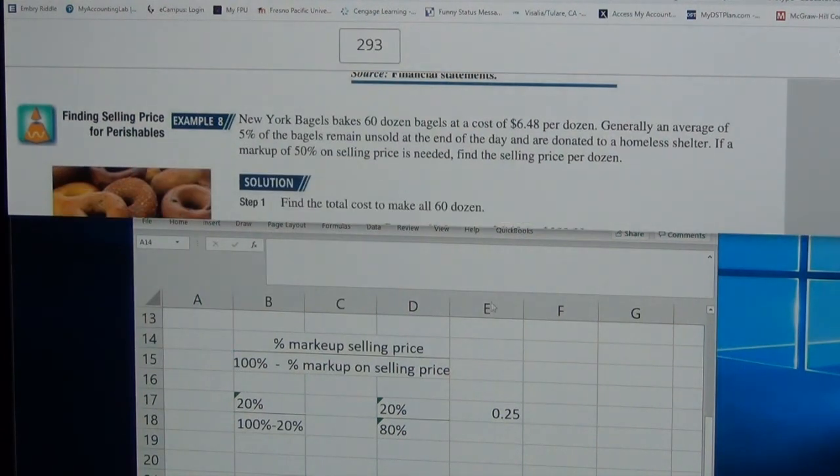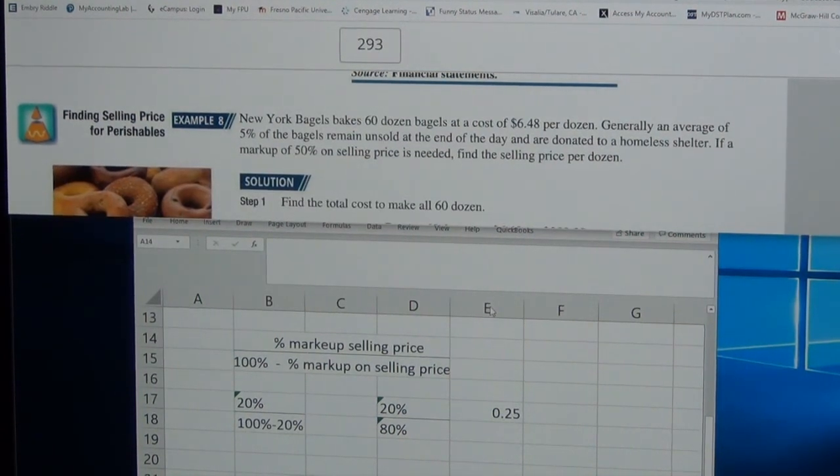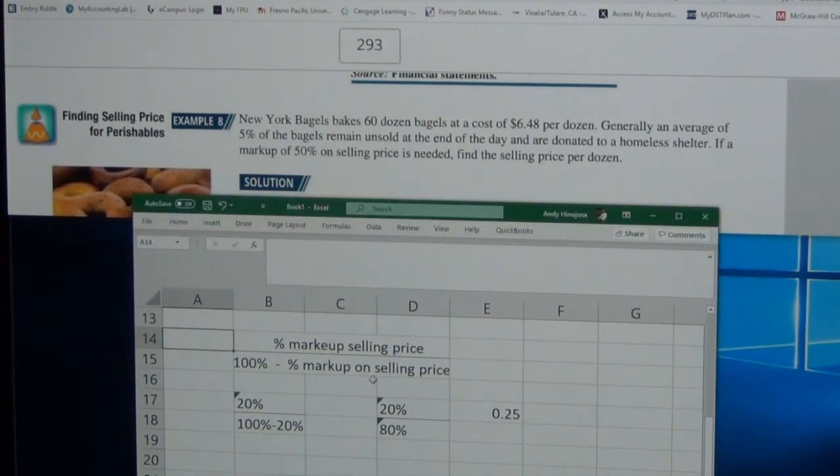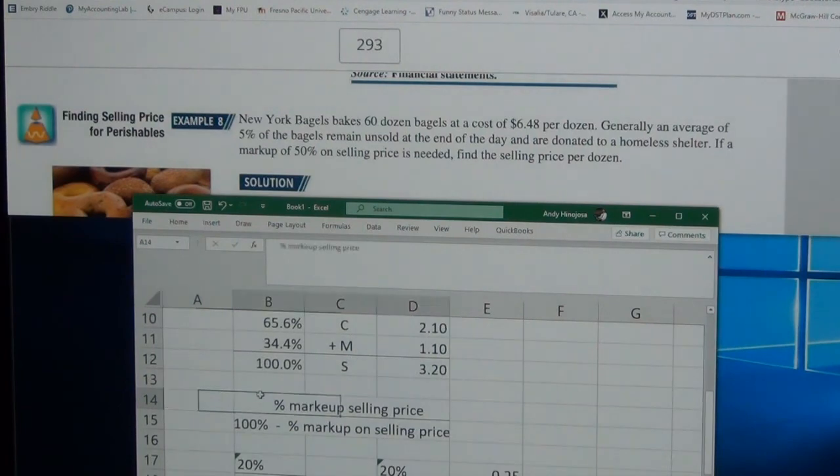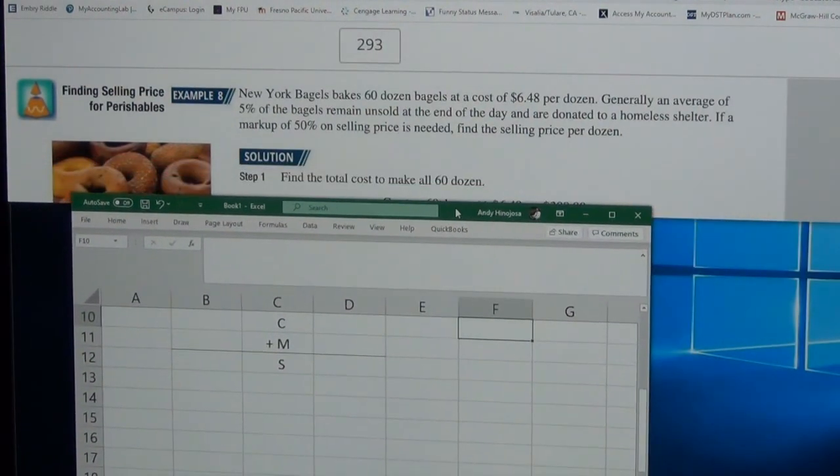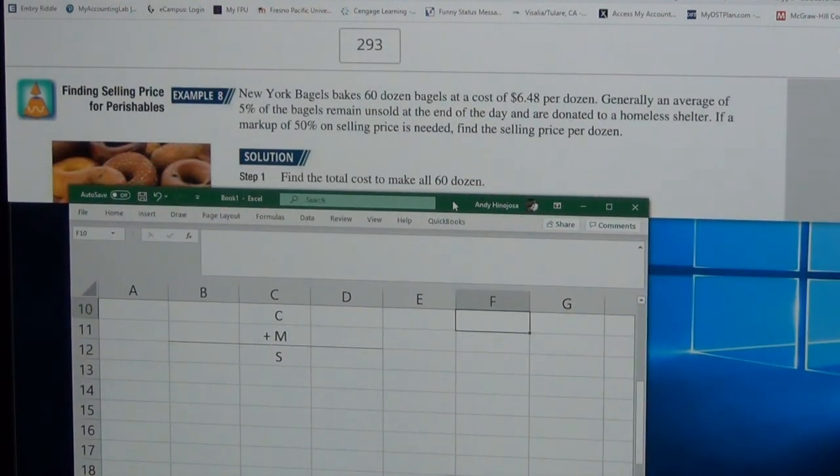First thing we need to do is find the total cost to make all 60 dozen. So New York Bagels makes 60 dozen bagels at a cost of $6.48 per dozen.